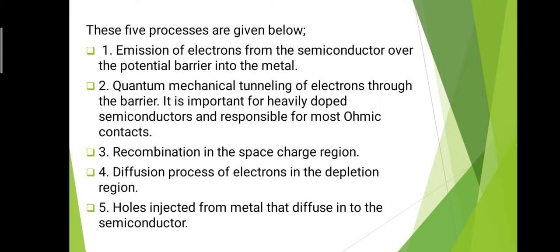Fifth one is the holes injected from the metal that diffuse into the semiconductor. That means sometimes holes are present in the metal, and these holes diffuse into the semiconductor, and due to the diffusion of the holes into the semiconductor, current is generated.